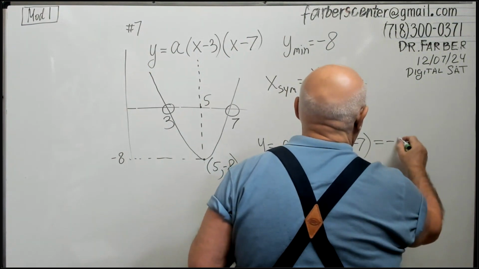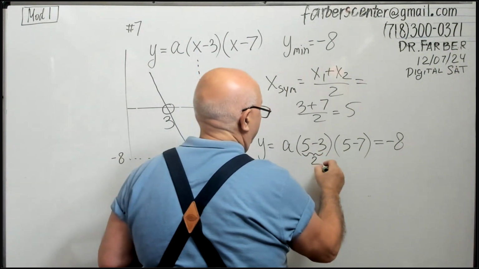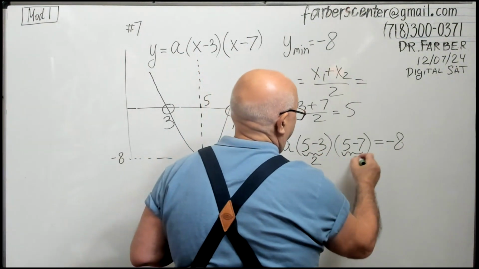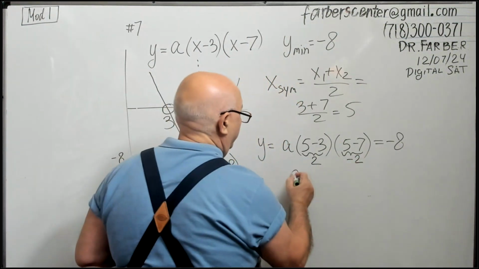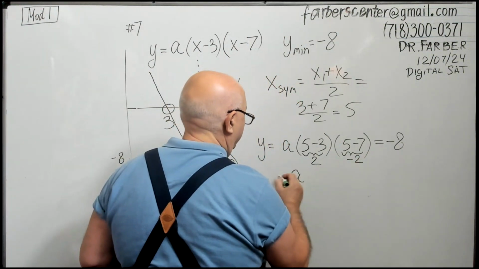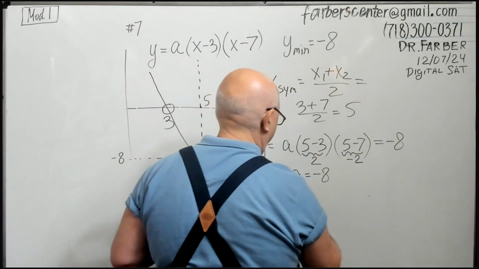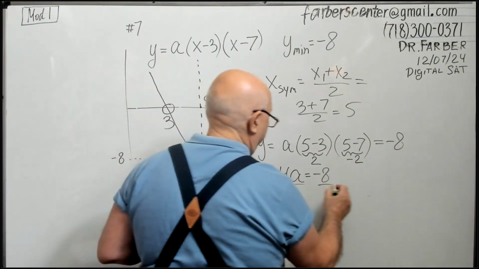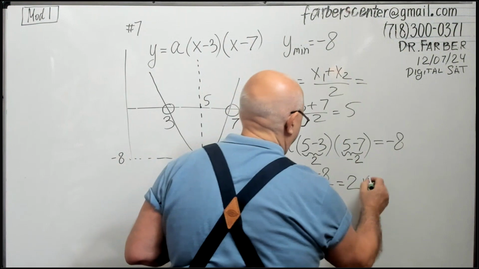Negative 8. This is 2. This is negative 2. A times negative 4, or negative 4A equals to negative 8. Divide by negative 4 both parts. A equals to 2. Check now.